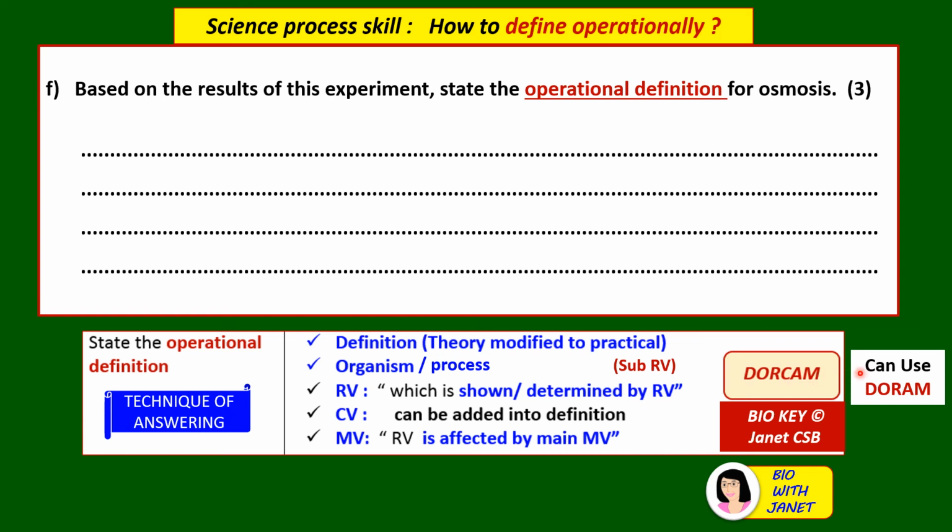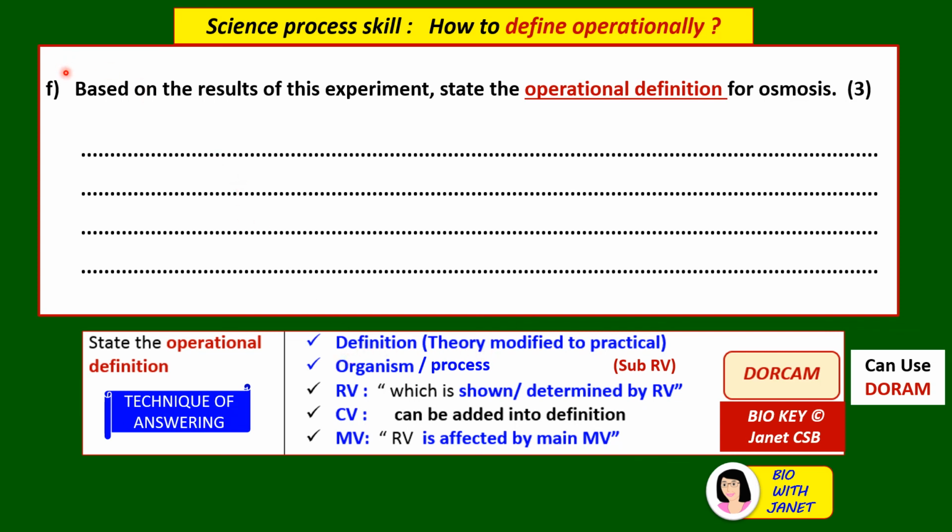If you don't want to use the C, then you can shorten it to DORAM, like Doraemon. It will help you to remember it more easily also. DORCAM or DORAM, up to you. If you want to put in the CV, it's DORCAM. Without CV, it's DORAM. So pause the video for a while and try to write your operational definition for osmosis, based on the components here.